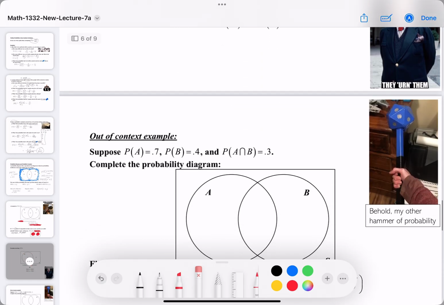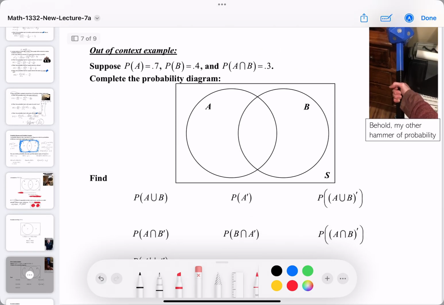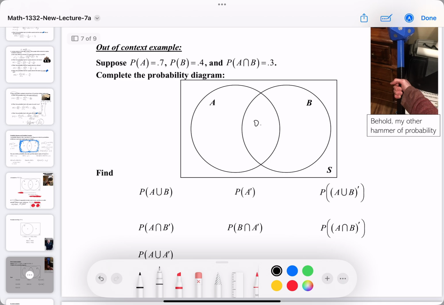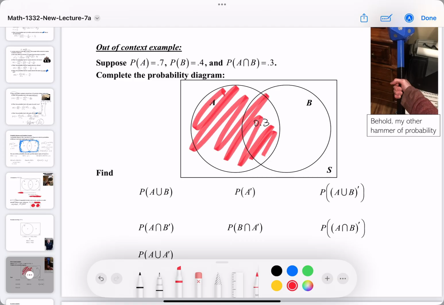Okay, let's see an example. P of A is 0.7 and P of B is 0.4 and P of A and B equals 0.3. Where am I going to start? I'm going to start from the intersection. Here, the A and B, or P of A and B, is 0.3. And A is 0.7.